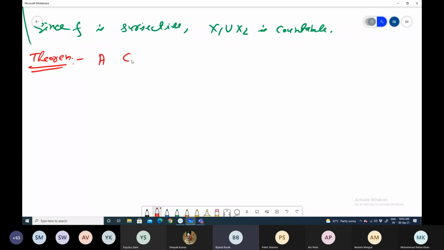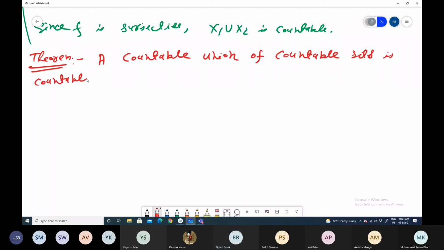That means a countable union of countable sets is countable.